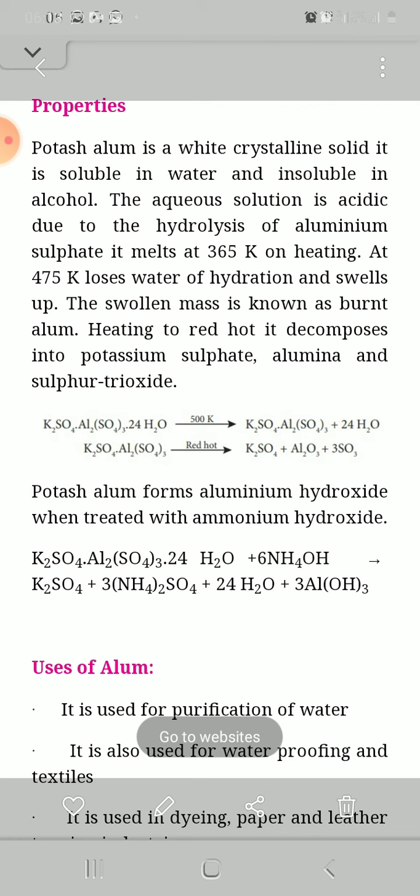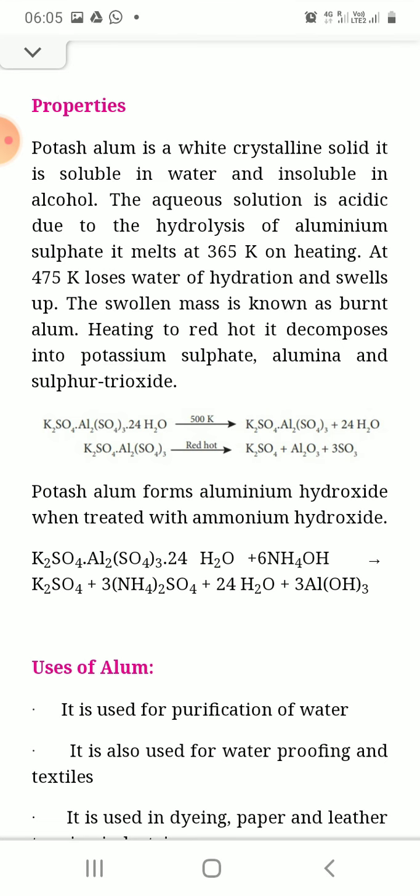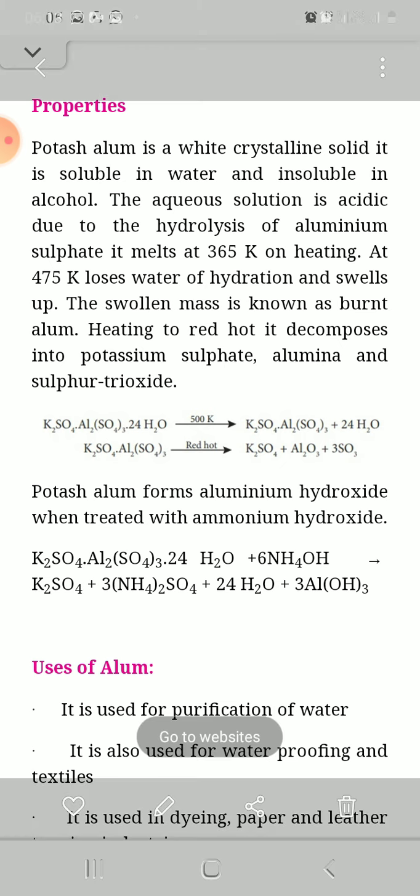K2SO4 Al2(SO4)3, that is burnt alum. Again heating red hot, K2SO4 potassium sulfate plus aluminum oxide, Al2O3, which we call alumina, plus sulfur trioxide, SO3. You studied this in 10th standard.